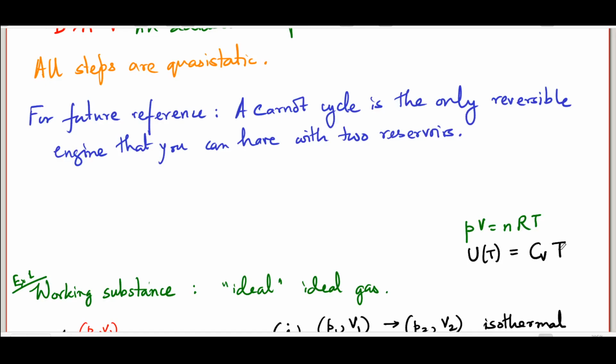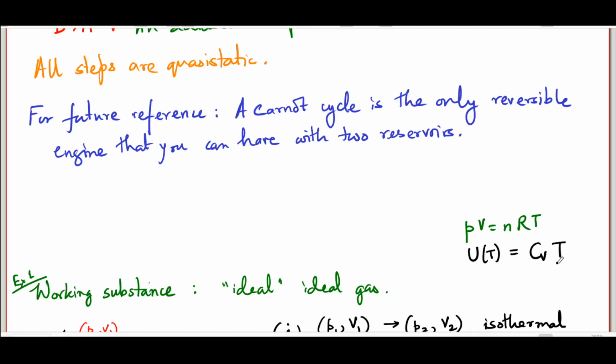Joule's experimental finding was that for an ideal gas, the internal energy depends only on the temperature and not on the volume. What I am calling an ideal gas is one in which this dependence is very special. U of T is linearly proportional to T, which essentially means that its heat capacity at constant volume, Cv, is a constant.